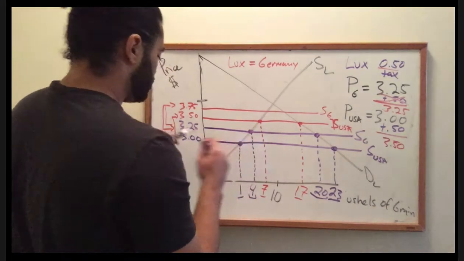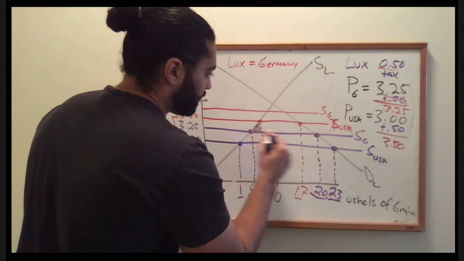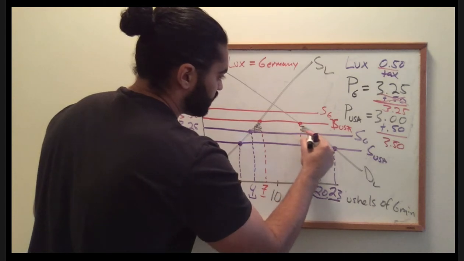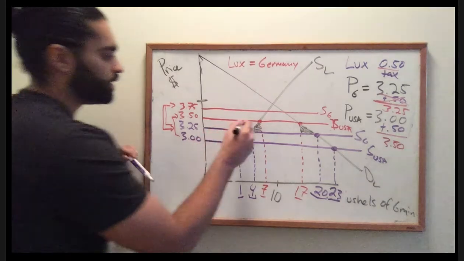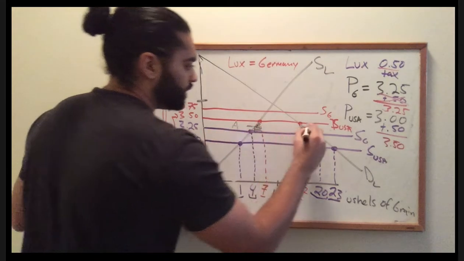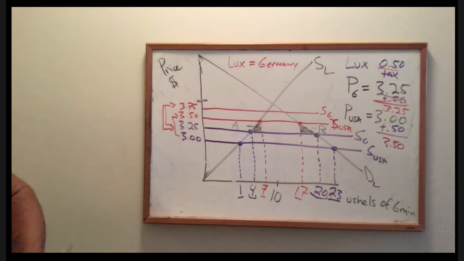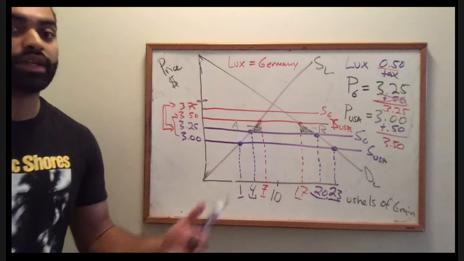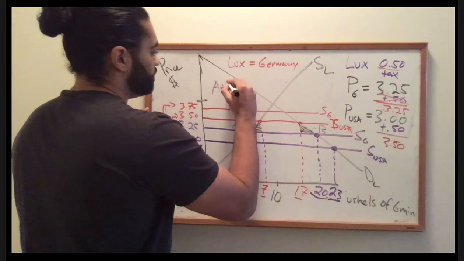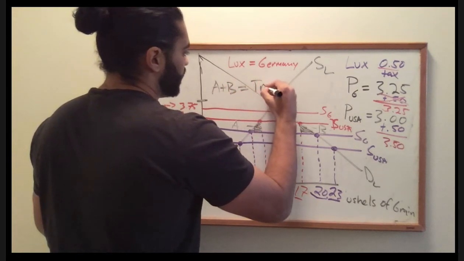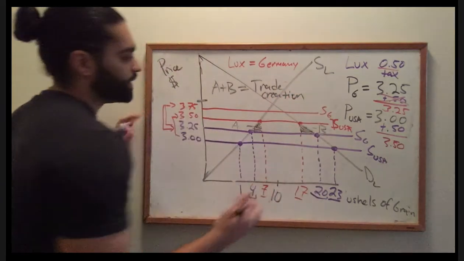So this black triangle right here, and this black triangle right here. These 2 triangles, we'll call this A, we'll call this B. These 2 triangles determine your trade creation. So A plus B equals trade creation. This is basically how trade helps you.